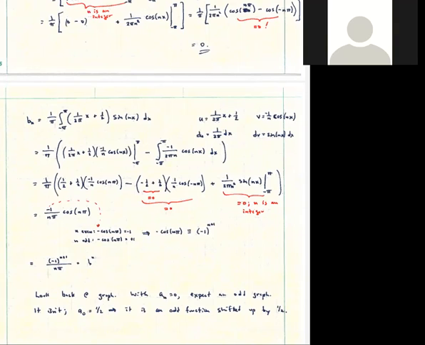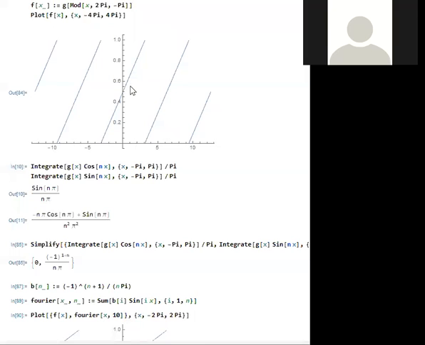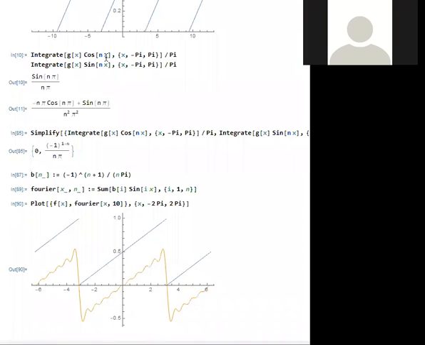All right, and then we can graph that quickly. I'll jump over here to Mathematica. And so here is my sawtooth wave. I can integrate, and I get these things here. And I'll just show you, I can simplify this expression, and now it gets cut off, but I'm making a little ordered pair.